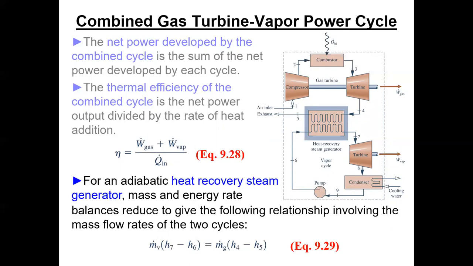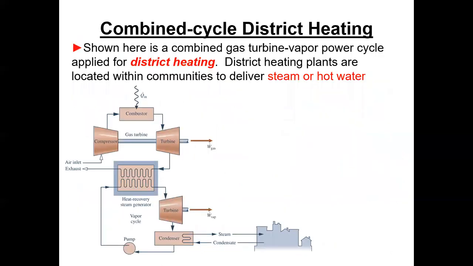Down on the bottom cycle, the Rankine cycle, that's m dot V. It's water in at 6 and steam out at 7. So m dot V times that enthalpy difference has to equal the mass flow rate of the gas times the enthalpy difference on the gas side, which is H4 minus H5. The heat lost by the gas goes into the steam, generates the steam, and drives the Rankine cycle. So pretty simple, really. Just a lot of stages.